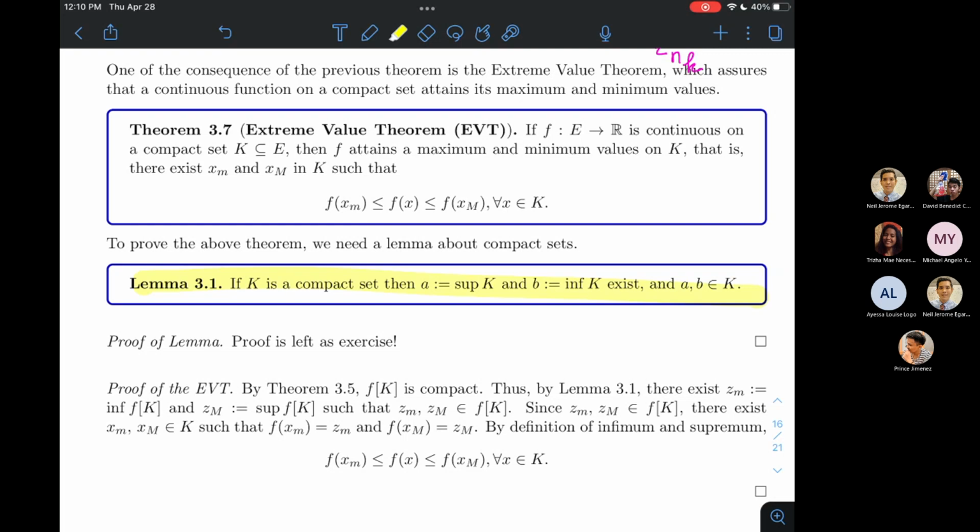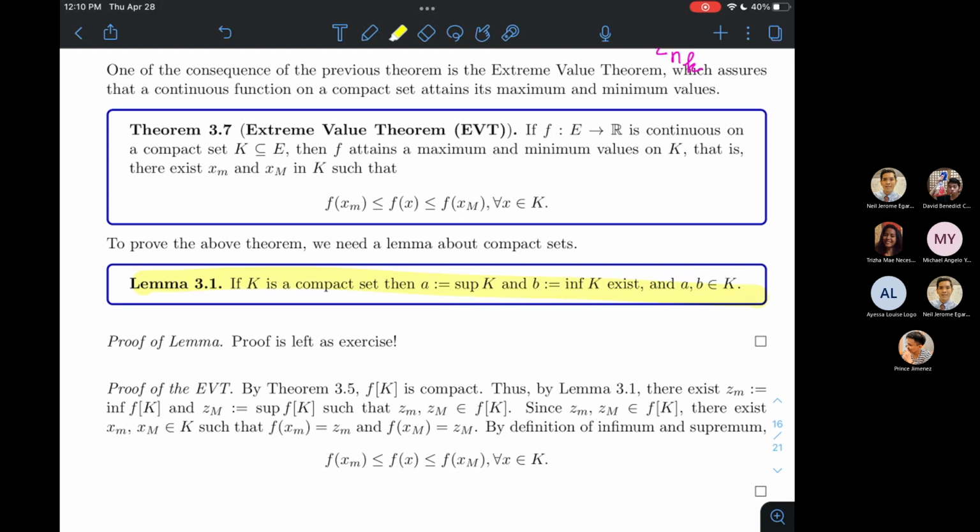Kapag si K ay compact, then yung supremum ni K at saka yung infimum ni K ay parehas nag-exist at sila ay membro parehas ni capital K. Medyo madaya kasi yung halos bulk ng work to prove the extreme value theorem is actually the lemma itself. All right? So, karamihan nung kailangan gawin para sa proof ng EVT ay ginawa na dun sa proof ng lemma 3.1.